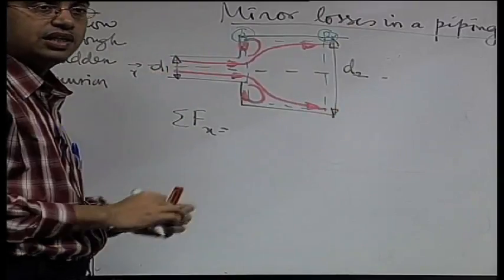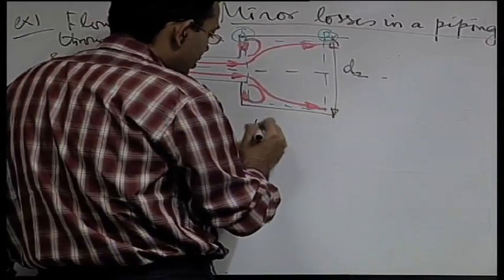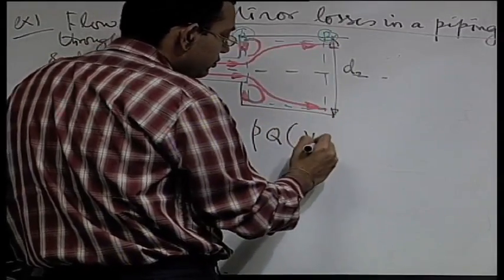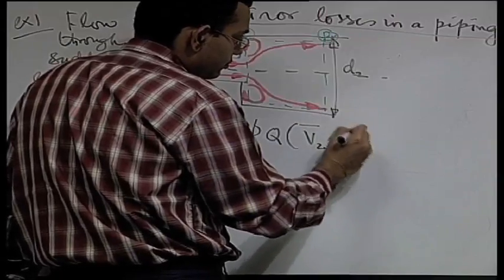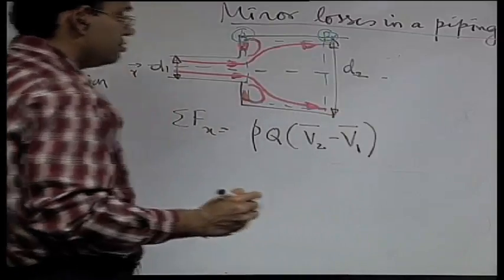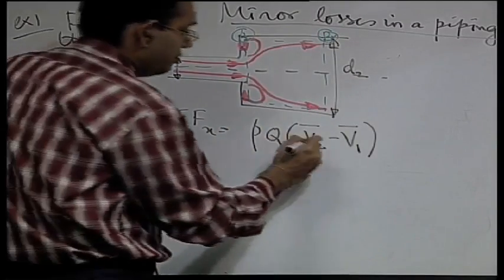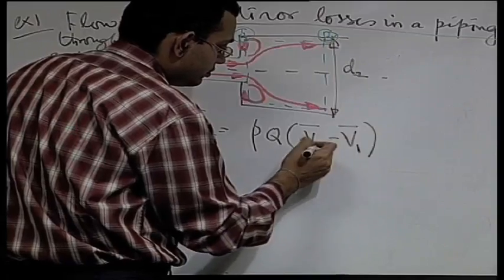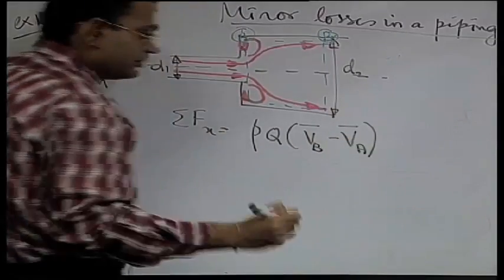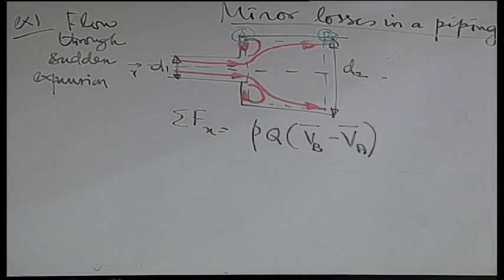We assume it is a steady flow, and VB minus VA, right.